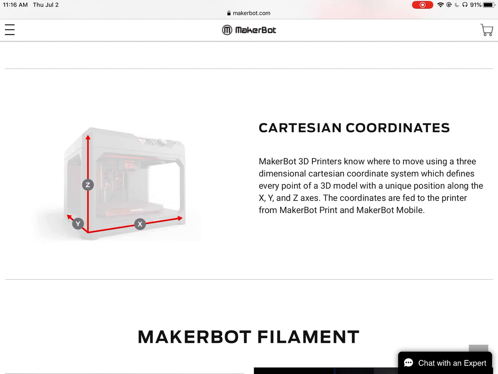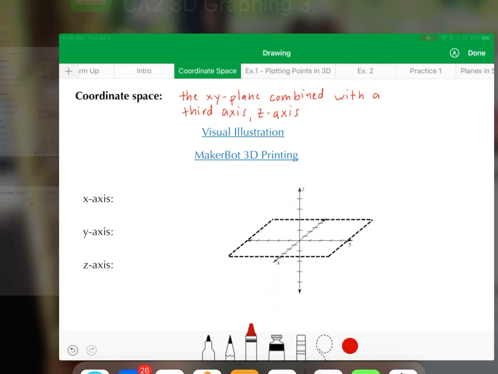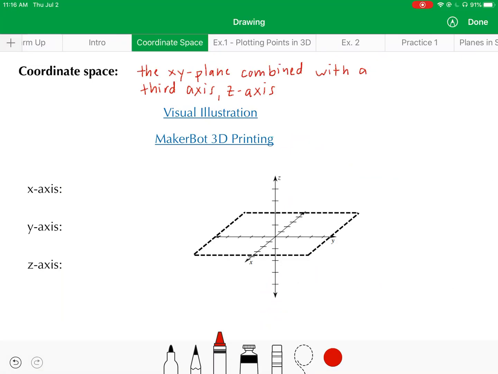Okay, so pretty cool. All right, so typically in mathematics, we represent on a 2D piece of paper or on a 2D screen, we represent the coordinate space in this manner, okay, which is a little bit different than how we represent the coordinate plane, okay?